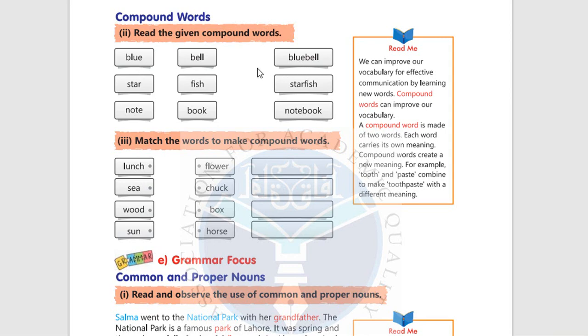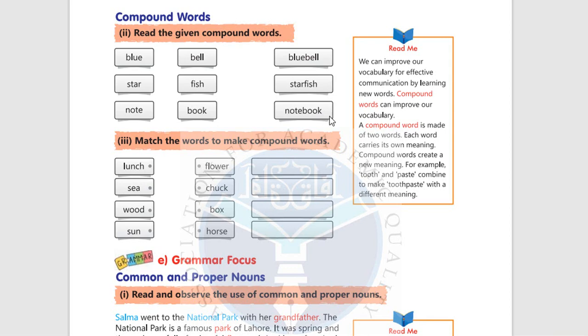Now this can also be, if you keep this blue and instead of bell you put berry, it will become blueberry. In the same way, they've given you star and fish. Put those two together and you get starfish. Note and book. What do you get?